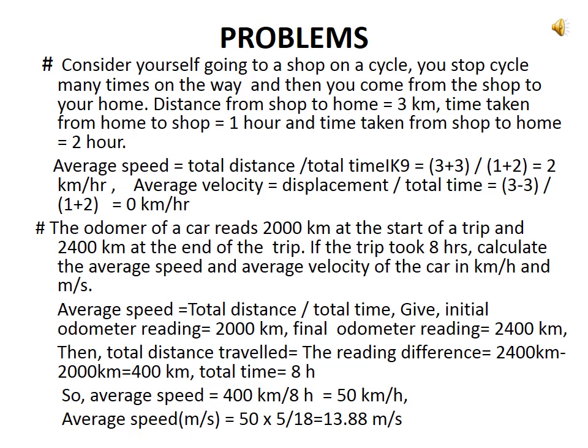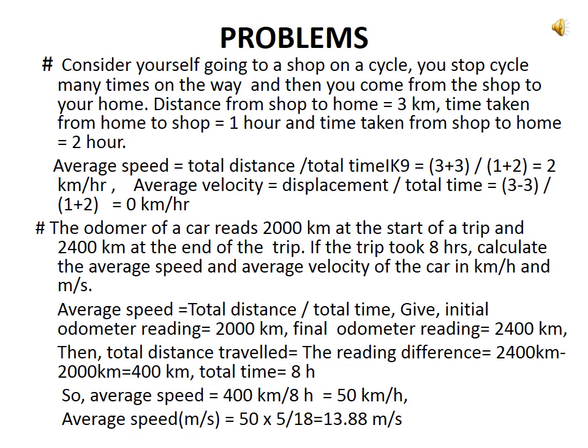The speedometer is the device used to measure the speed of a vehicle at any instant of time, the instantaneous value of speed. The odometer calculates the total distance covered by the vehicle.